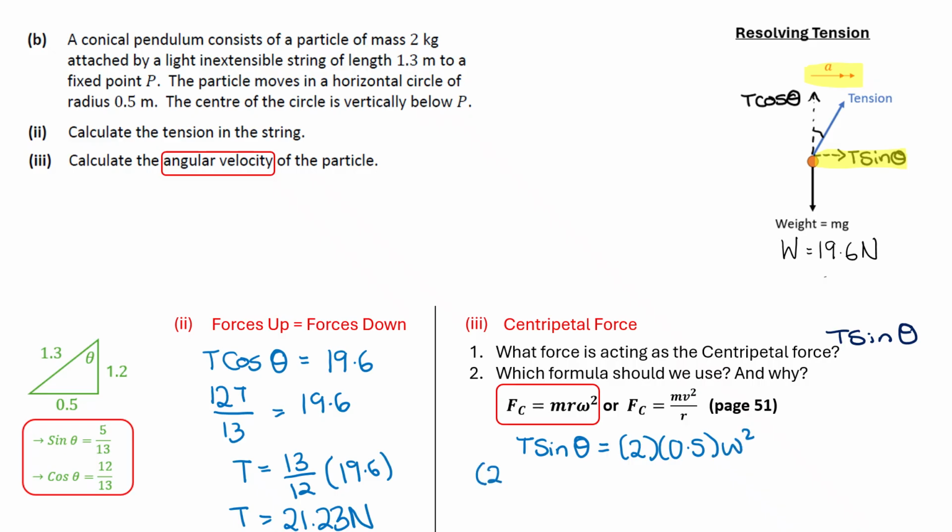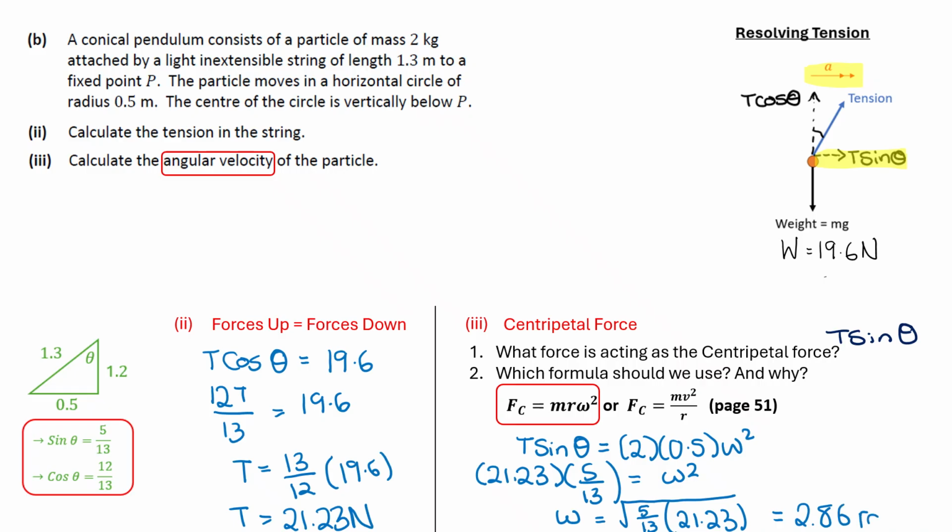We know the T, which is 21.23, sine is 5 over 13, and then that's just omega squared. So omega is equal to the square root of 5 over 13 times 21.23, and this gives us 2.86 radians per second.